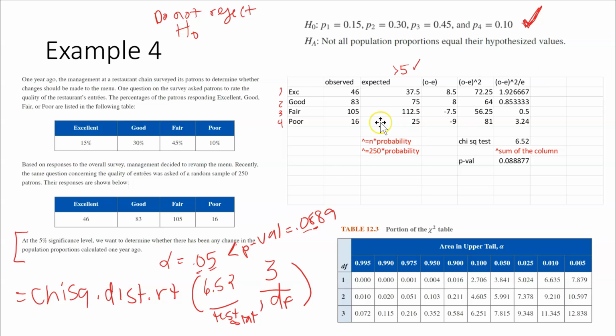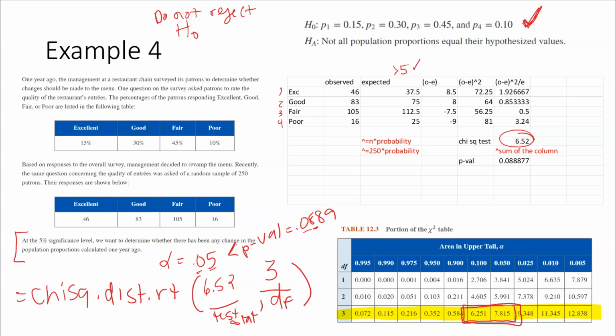All right, so that is how we would do that. Now, let's take a look here at the table. So how we would use this table is we are looking here at our degrees of freedom is 3, so we're in this row here, and we're looking for our test statistic, which is 6.52. So 6.52 is between these two values.